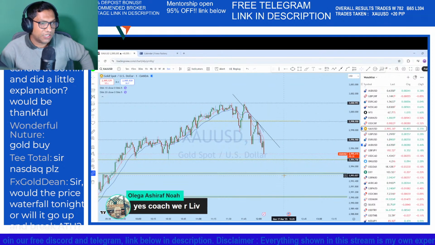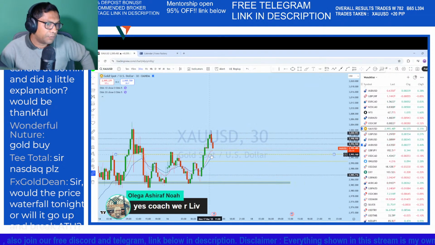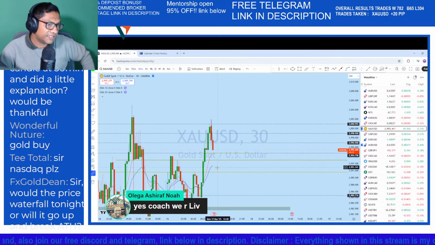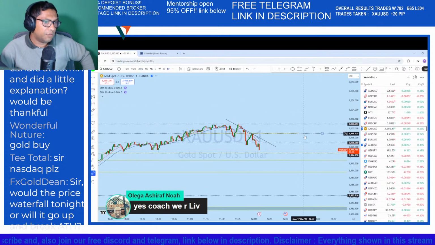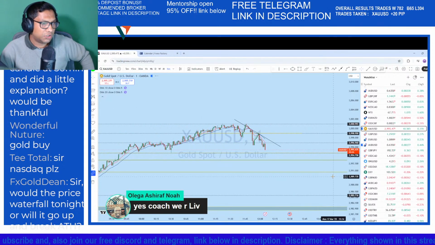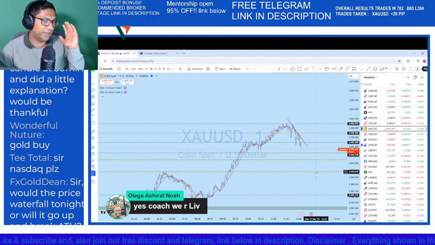On the lower time frame, you can see it's breaking below the 30 minutes support here as well. So we may see some bearish move here locally, which I'm not going to enter at the moment, because as I mentioned, our goal here is to trade with the trend. That's the main goal.